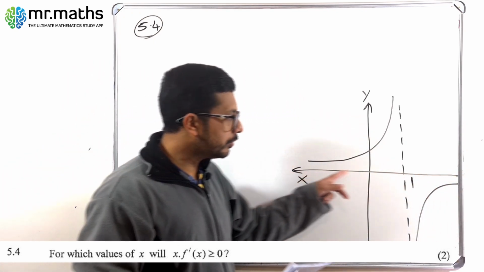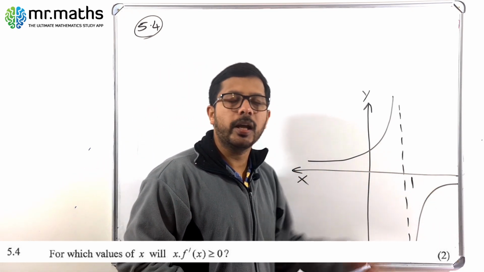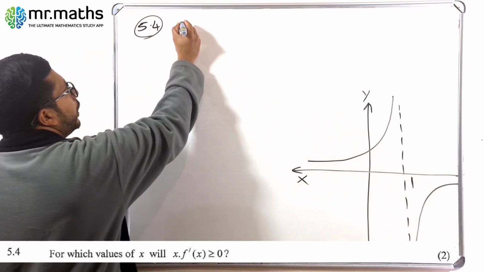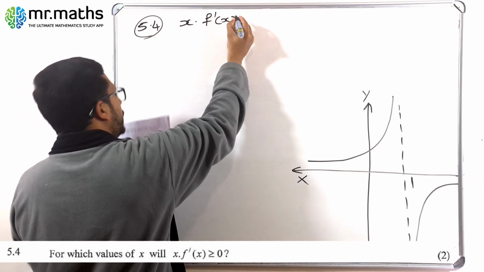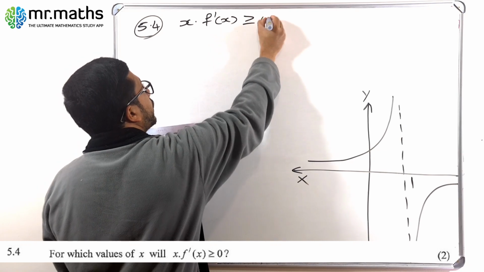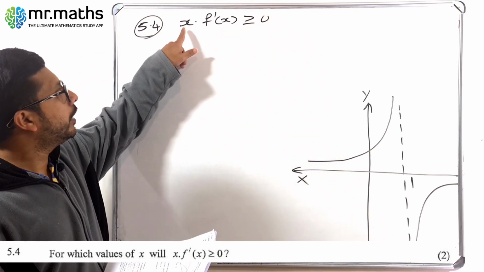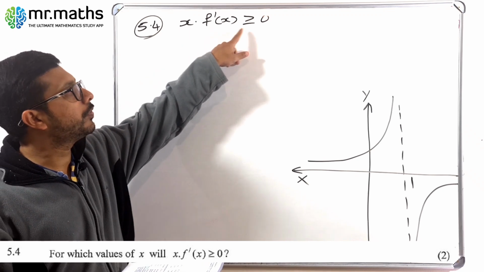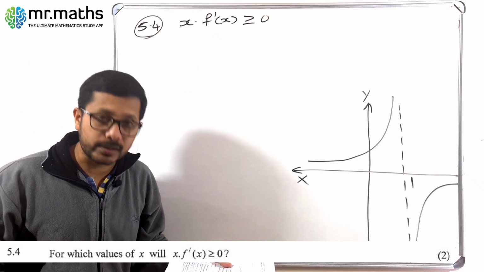The question is you have to find the x values. And what is the condition given? x times f dash of x is greater than or equal to 0.